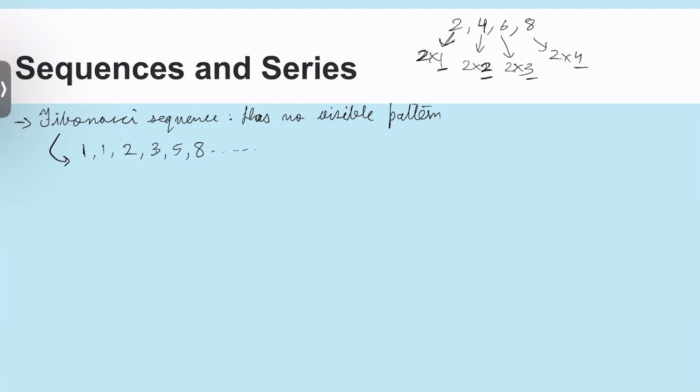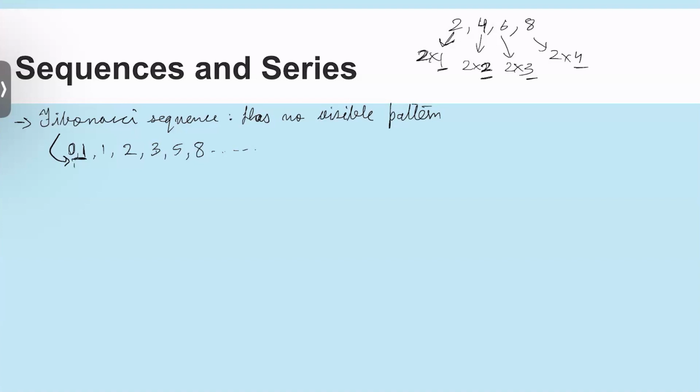But for the Fibonacci sequence, as you can see, the pattern is not very easily visible or decipherable. But this is a sequence. So how is the sequence actually found? Suppose you also enter another term over here starting with 0. Suppose these two are the first terms.